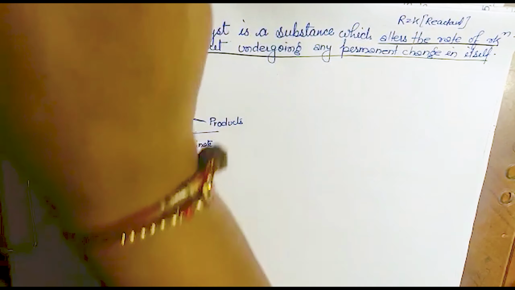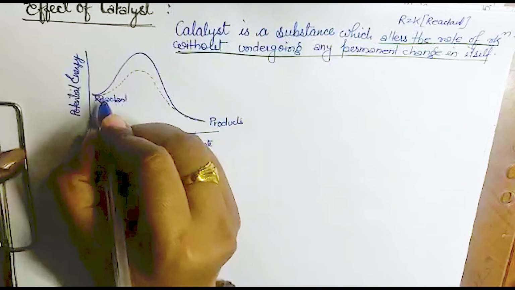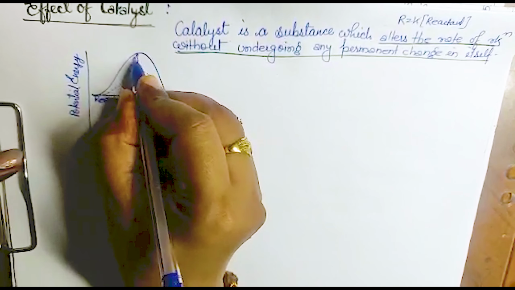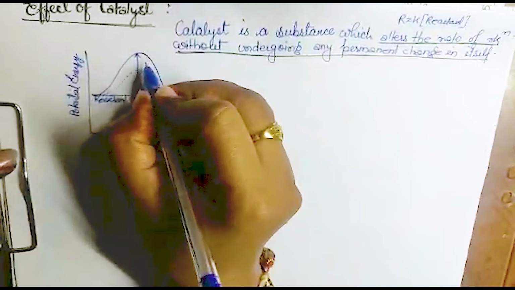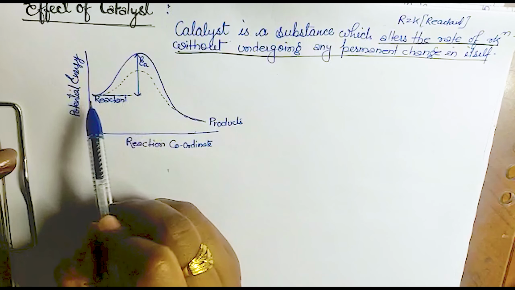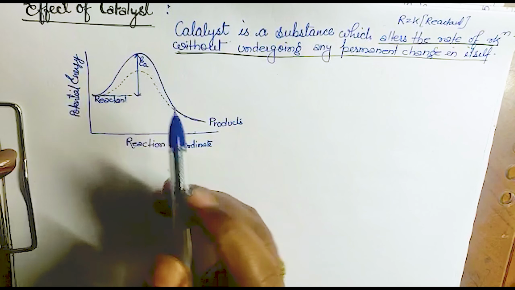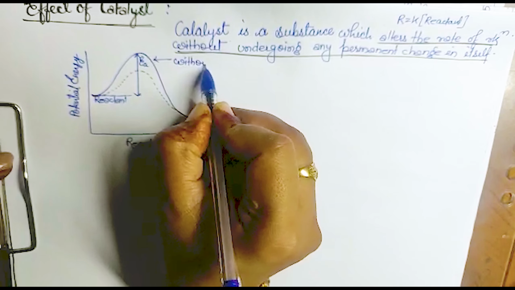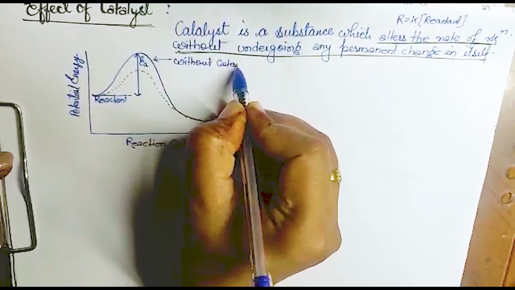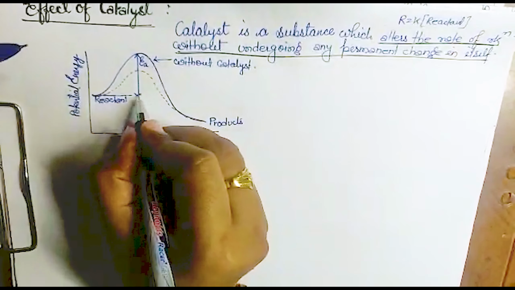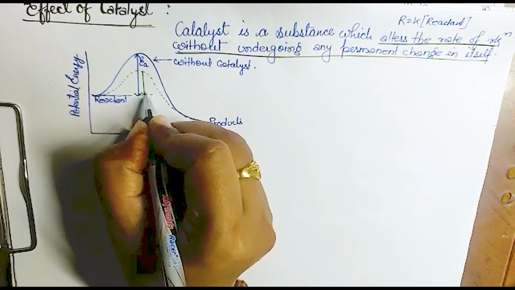And what it is basically doing: this is the activation energy for the reaction without using the catalyst, isn't it? This one is showing without catalyst. And if we use the catalyst, this activation energy is going to decrease.